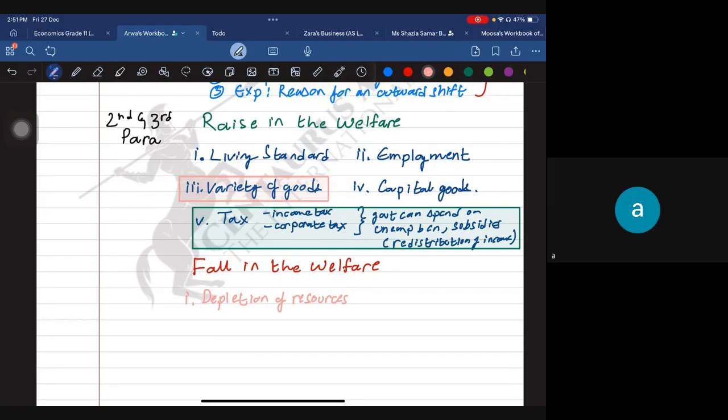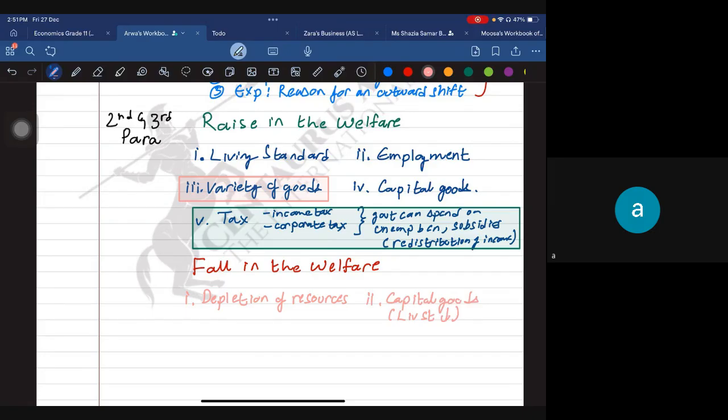Is it good for them that more capital goods are being produced? Maybe not in the present, because they might be sacrificing consumer goods to invest in capital. Shabash. So it's going to result in a decrease in consumer goods for them. They might not be able to get the essential goods that they need, so their living standard will go down right now because of this. What else?